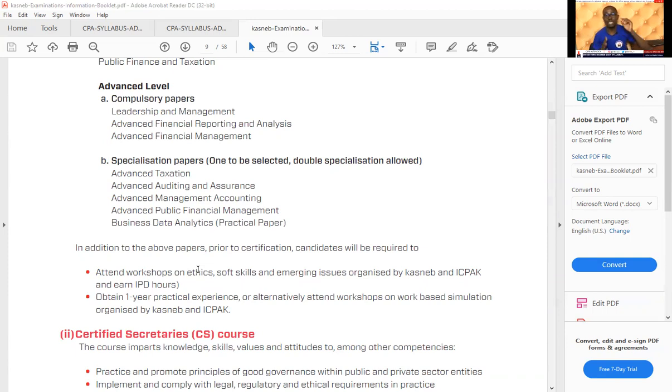Before you are granted that certificate of completion, you'll have to undergo these two processes, which at the end of the day is a plus to the students.